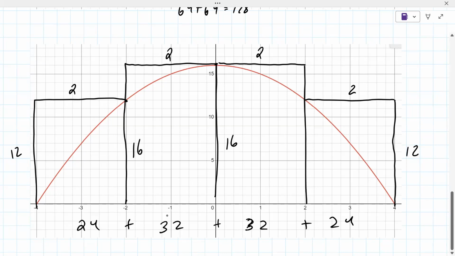So I think that's like 112. Sorry, I'm checking right now, pulling out my calculator. It's 112, yeah. Great.